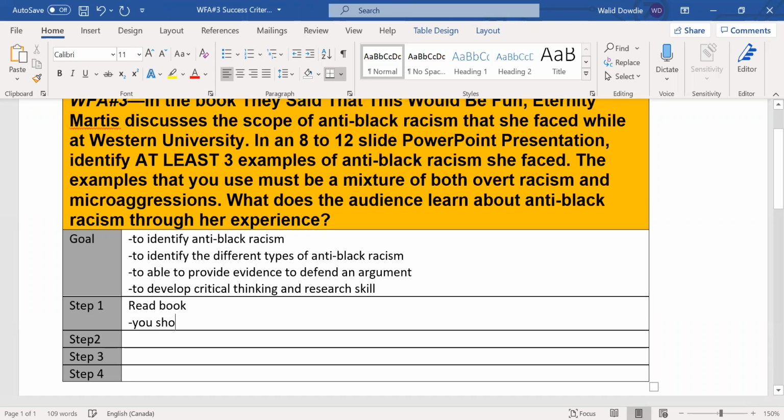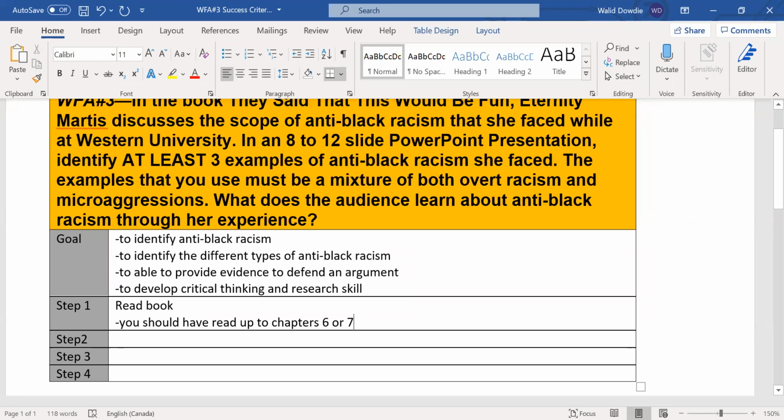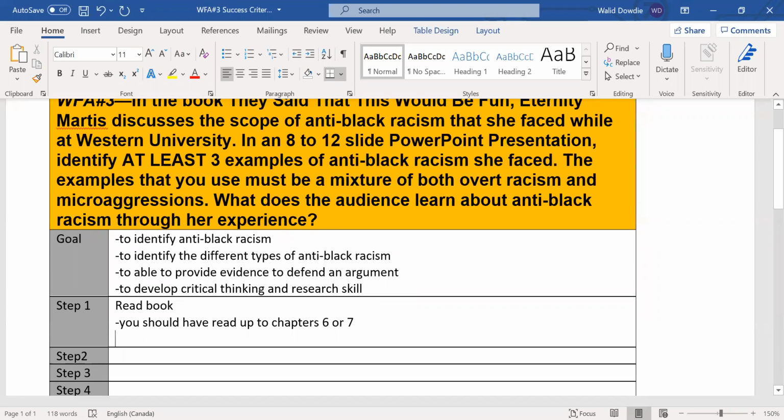You should have read up to chapters 6 or 7. I can't remember what those chapters are, but it means you have to count the ones with the introduction. So you've done almost 2 chapters a day, so you need to be almost halfway through the book for that to be enough room to gather evidence. You can do more, but this is enough.